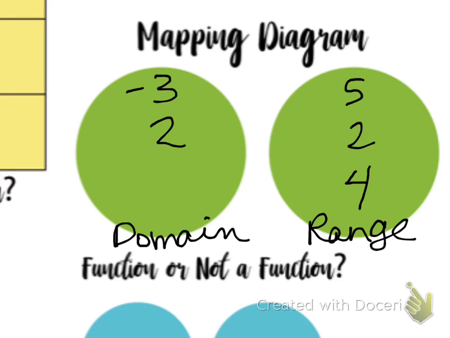Because its x coordinate is repeated, I really only have to write it one time. There's a very special reason why we have to write it just one time, even if it's a duplicate. Because what we want to do is show the relationship. We want to draw arrows to make a relationship there, make a pair. So -3 we know is paired with 5. 2 is paired with 2 from the range. And you know what? This 2 from the domain is also paired with 4.